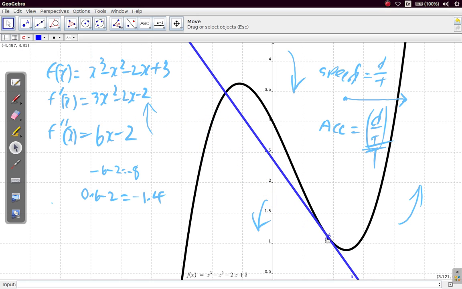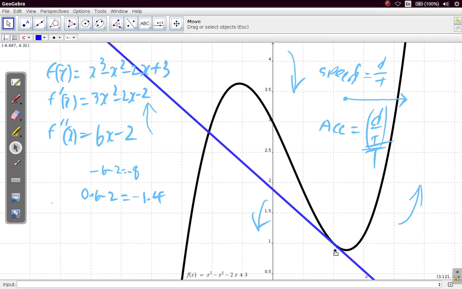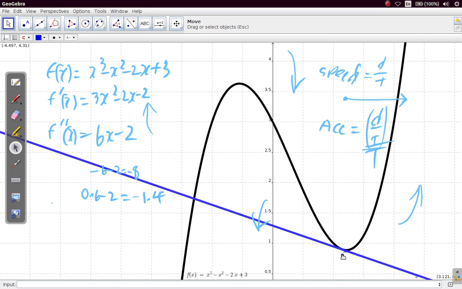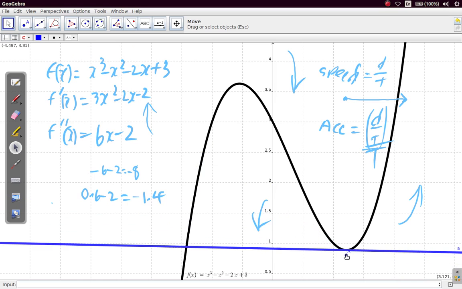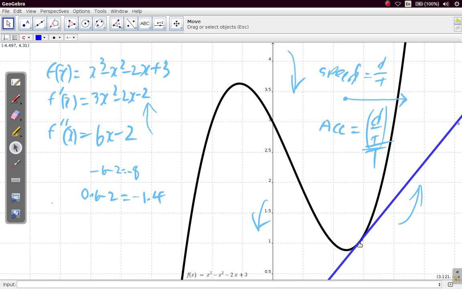It's negative, but it's less and less negative. It's becoming closer and closer to positive. So it's increasing. When you substitute the value for this stationary point and you get a positive, it means there's a minimum point, because the gradient is increasing. It's rising up and up. All right?